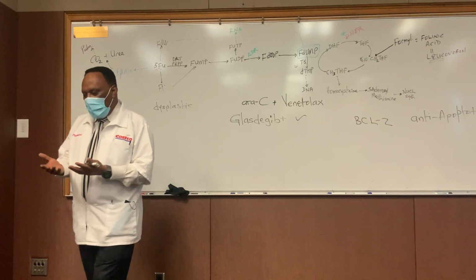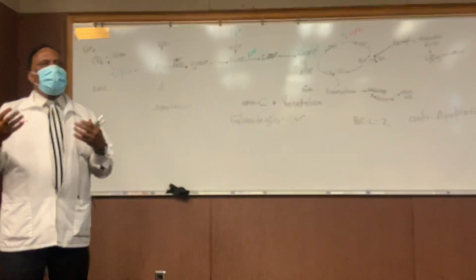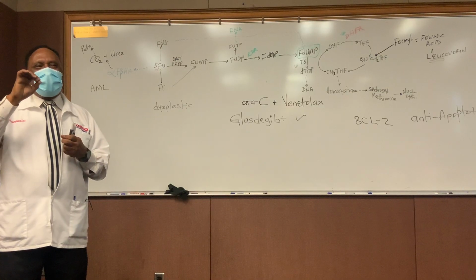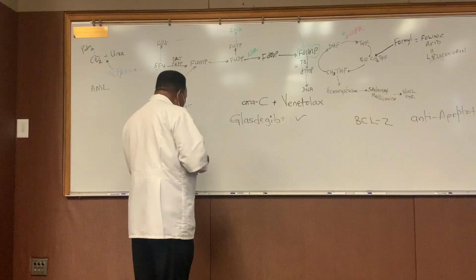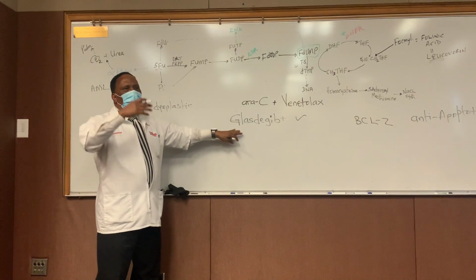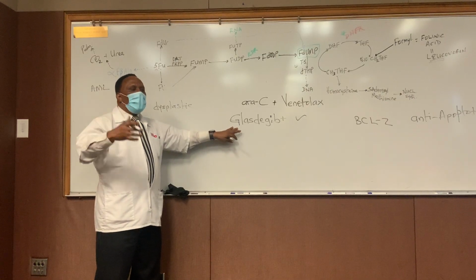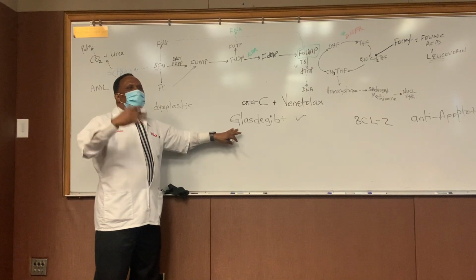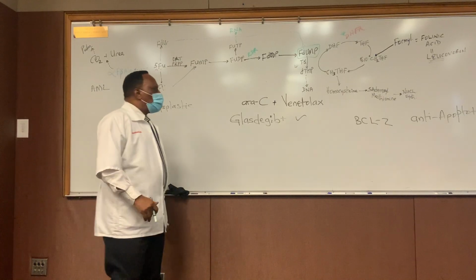Glasdegib is a product that inhibits a type of receptor or protein that is involved in translation of cellular division.